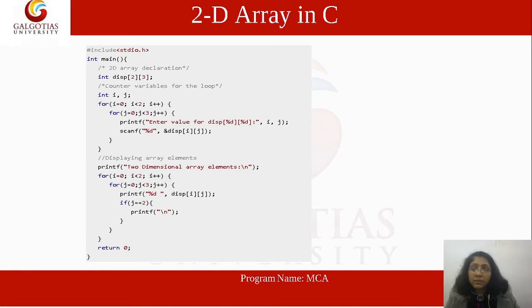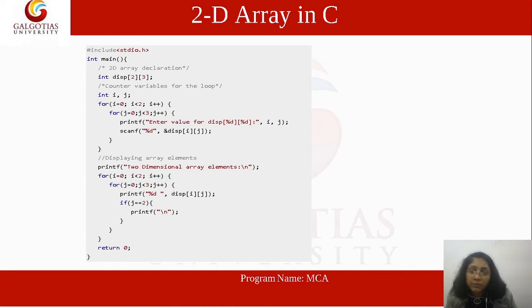And this is a simple sample program where we have written a set of instructions for reading elements into the array and printing the array elements. Here we have taken an array named DISP whose size is 2 for the first dimension and 3 for the second dimension, so you can visualize it as a 2 by 3 matrix, and the type is int. As I mentioned, you require two indices for referring to the two dimensions.